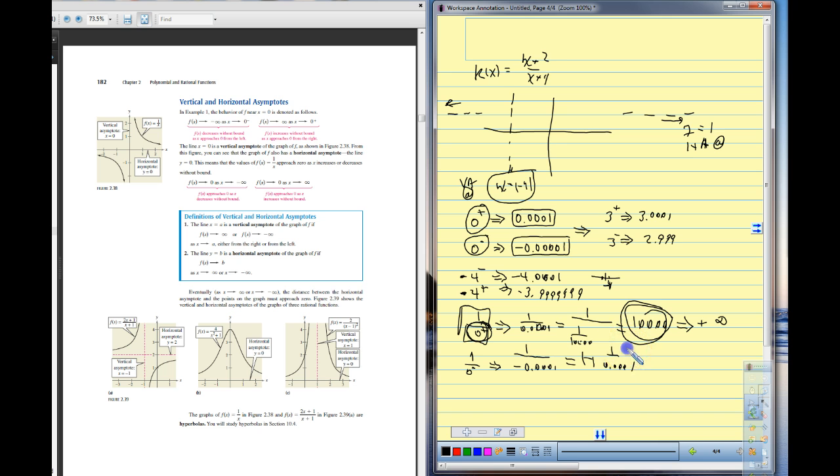Now we just did this problem, right? We have analyzed that, and we said, well, wait a second, 1 over 0.0001, or a number like that, is going to be positive infinity. So this part is going to be positive infinity.